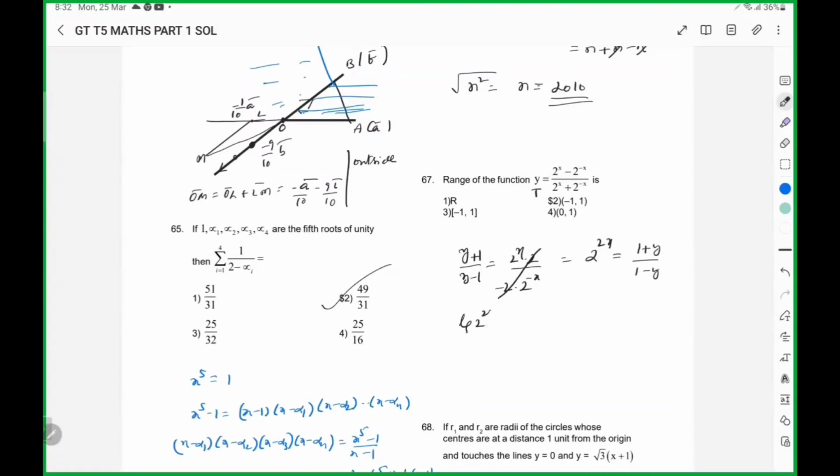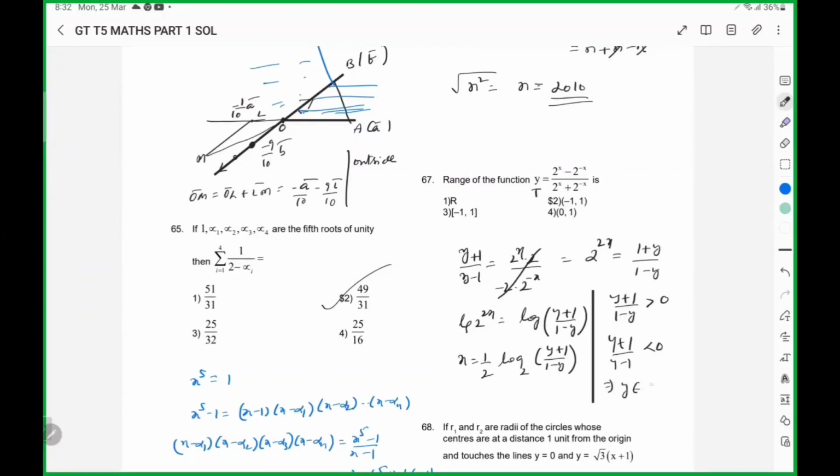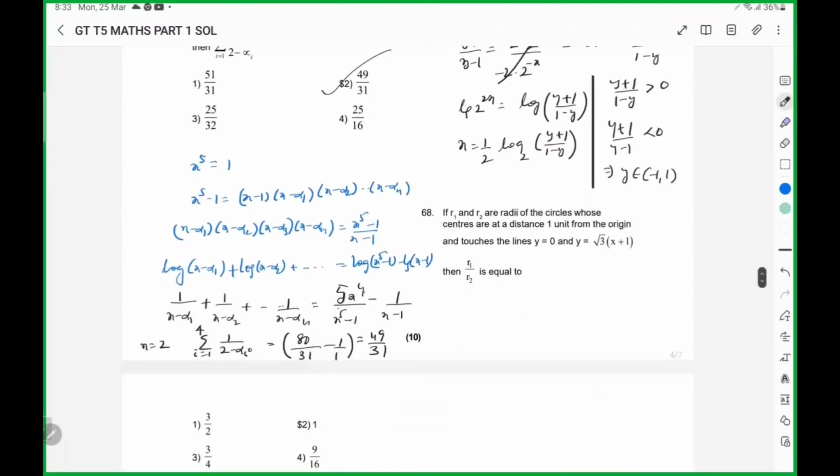Taking log both sides, x will be half log 2 to the base this. So it is defined in the region where y plus 1 by 1 minus y is positive, which implies y lies between, that becomes the range.